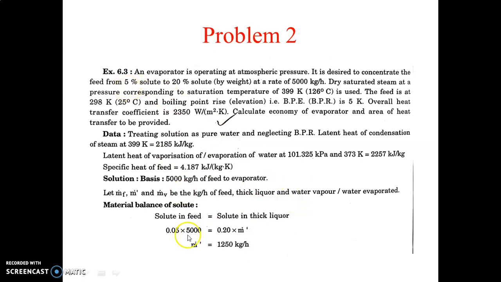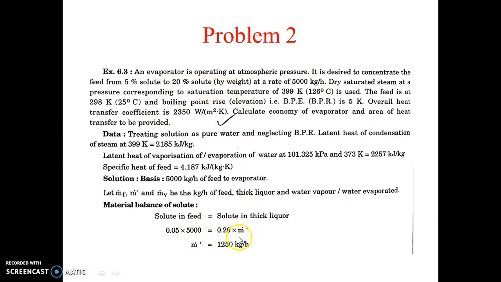Here first we have to write the solute balance. Solute in feed is equal to solute in thick liquor, because we don't have any solute in the water evaporated. So that part is eliminated here. So we have 5, that means in fraction we divide by 100, multiply by the feed rate, 5000 kg per hour, which is equal to, after concentration, 20% solute.